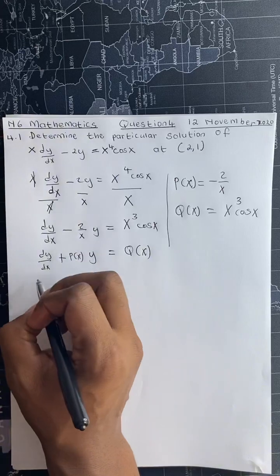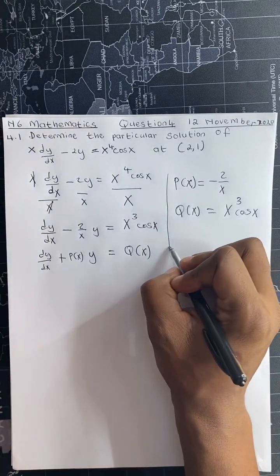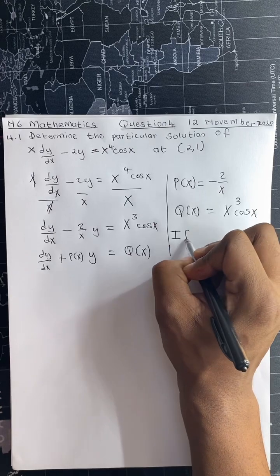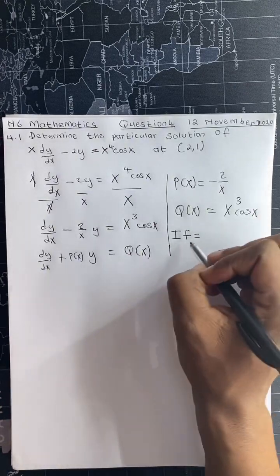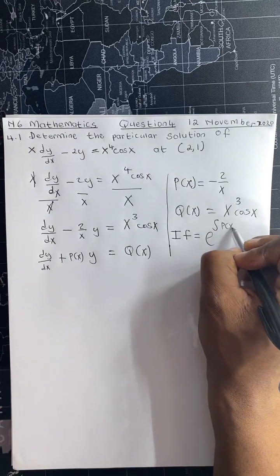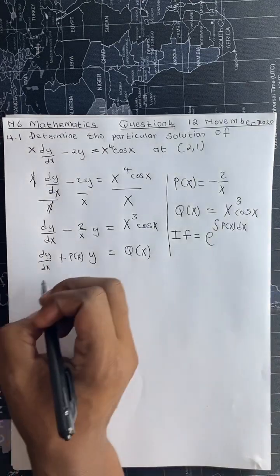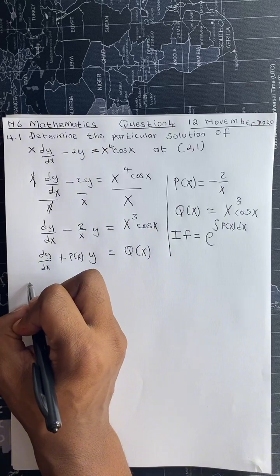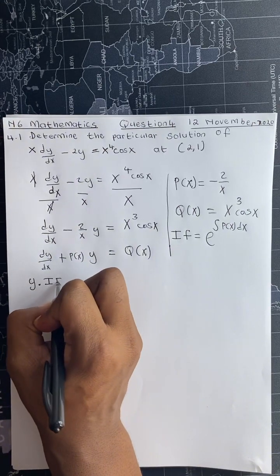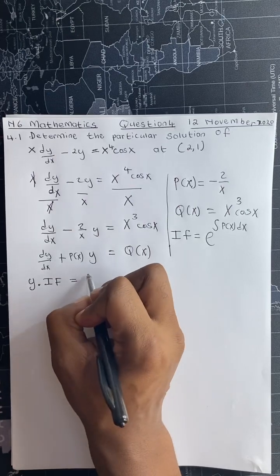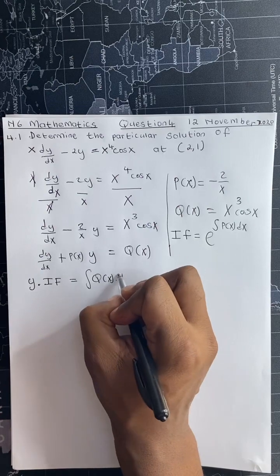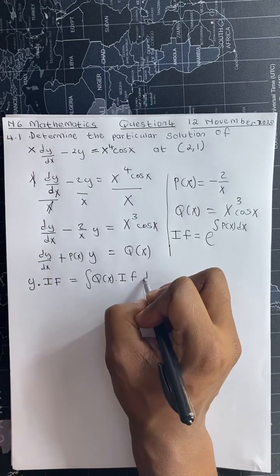And the general solution will be equal to, so before you can get to the general solution, we also have to write the formula for the integrating factor, which is e raised to the power the integral of p of x dx. So the general solution is defined by y multiplied by the integrating factor is equal to the integral of q of x multiplied by the integrating factor dx.